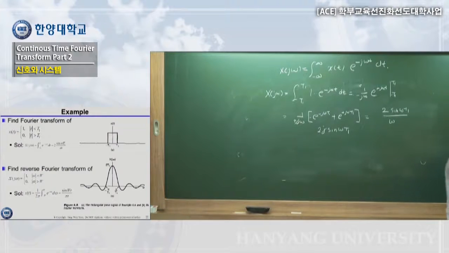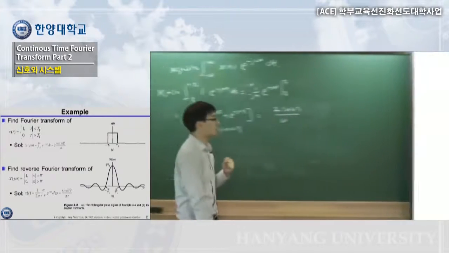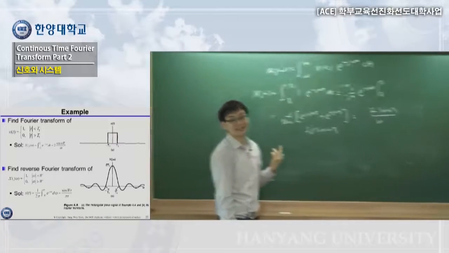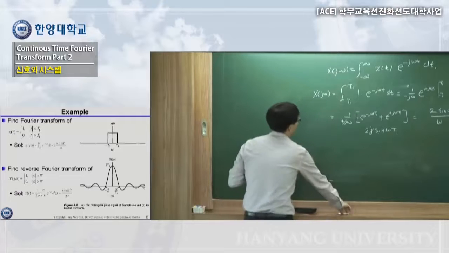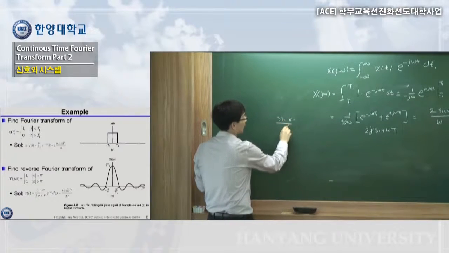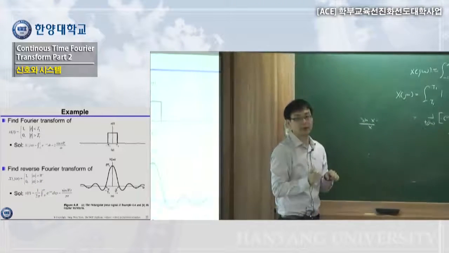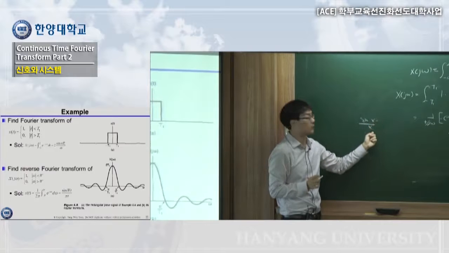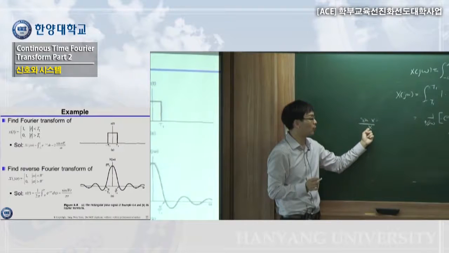And we have already learned about this. We briefly had a taste of this function as a sinc function. The sinc function has the form sine x divided by x. So the variable goes into the sine in the numerator, and the variable also comes as it is in the denominator.